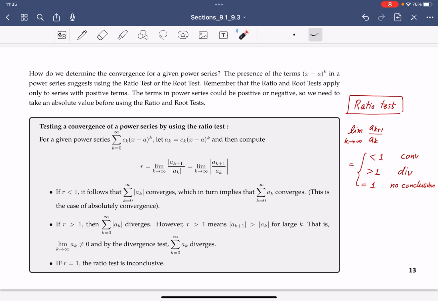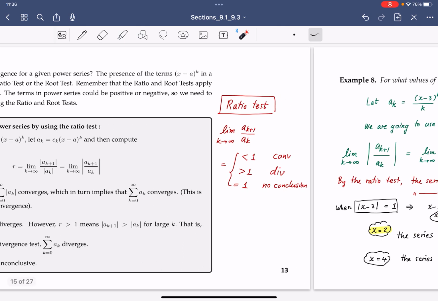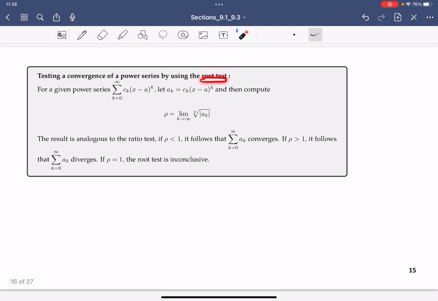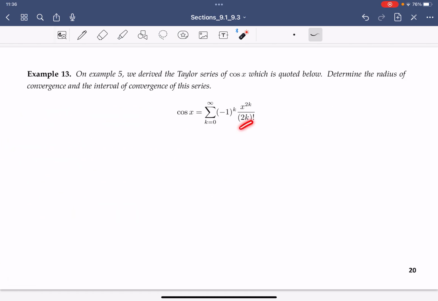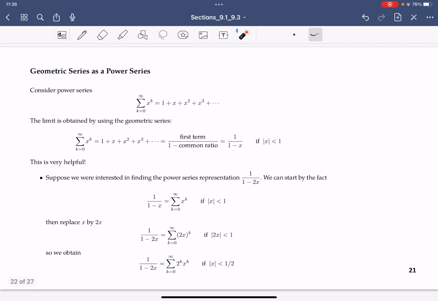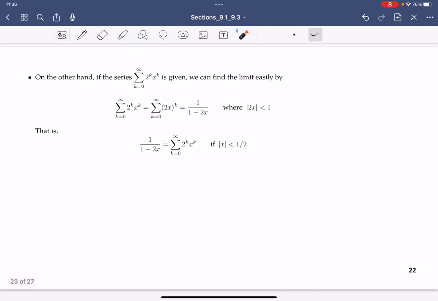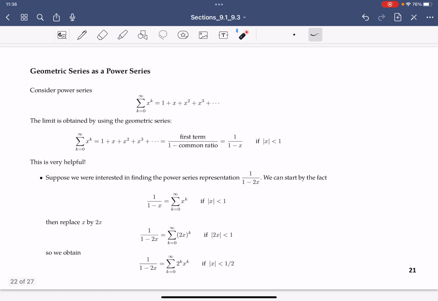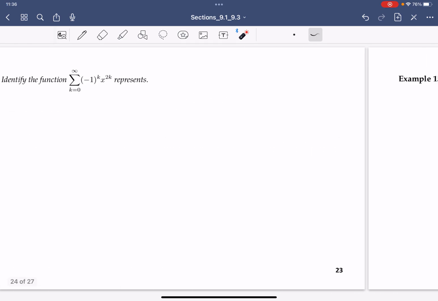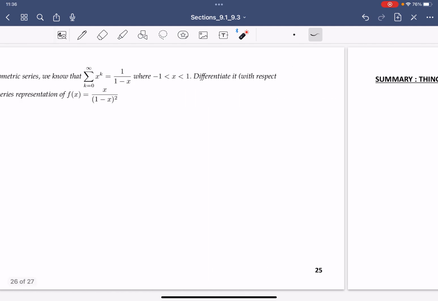On Wednesday we're going to check how to do it with the root test, complete this example, and also take a look at how to work with power series more, which is just a small topic, and then we're done with chapter 9.